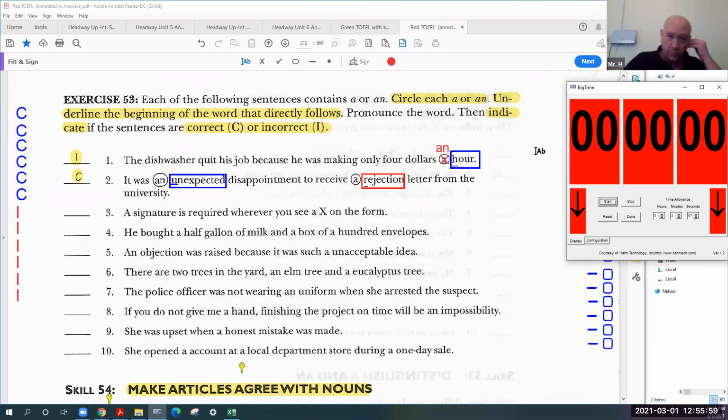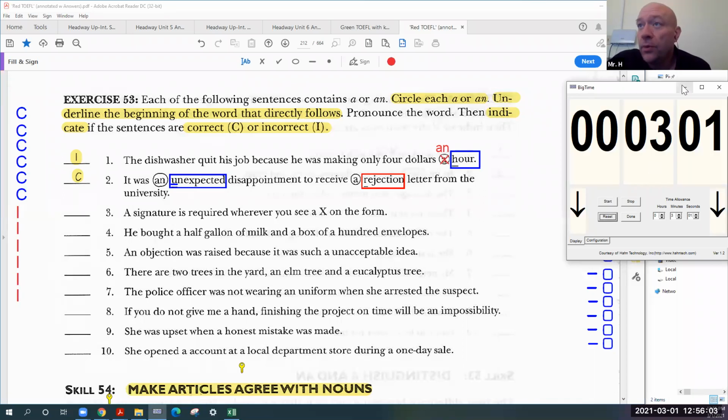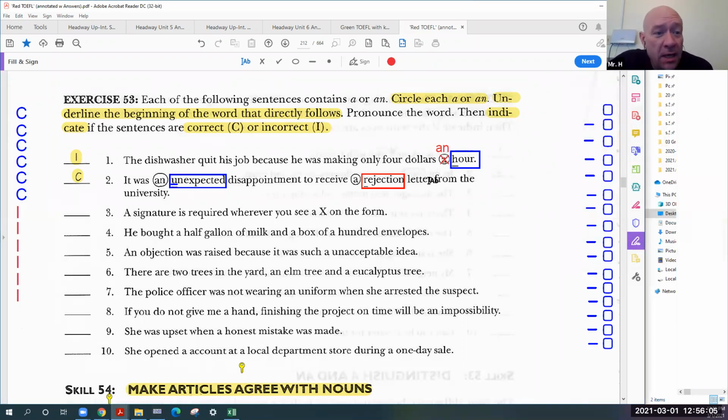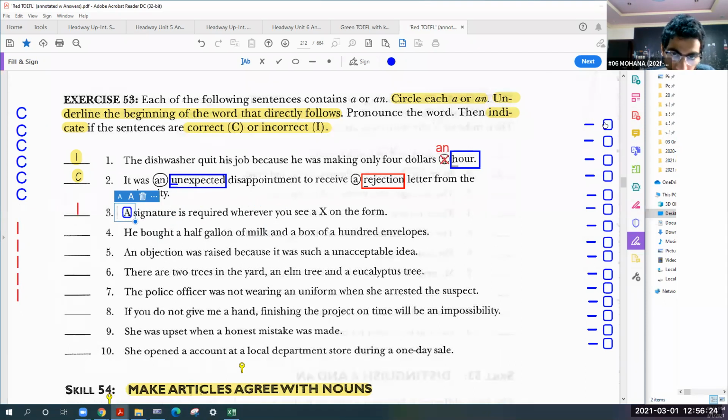All right, let's finish this up here. What do we got? Mohana, go ahead. Number one, what do you think? Correct or incorrect? Incorrect. Where do I put the circle? There is 2A. And where's the other before one?